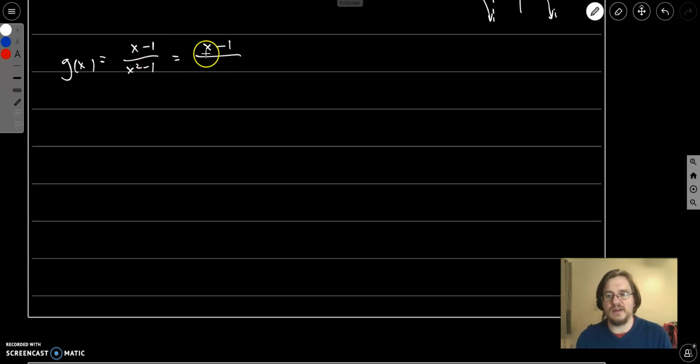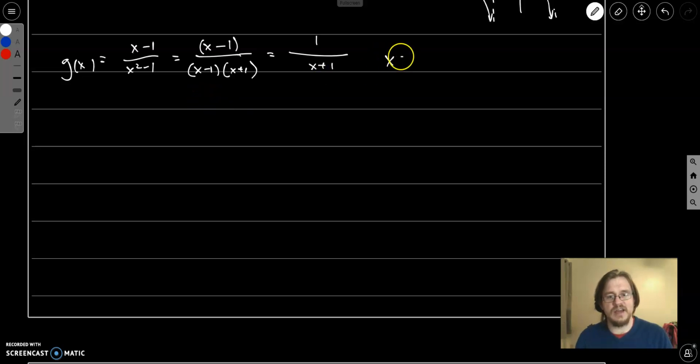So we've got x minus 1 on top, just going to put that in parentheses. And on the bottom, x minus 1 times x plus 1. Well, this simplifies. We can cancel the x minus 1 on the top and the bottom to get 1 over x plus 1.